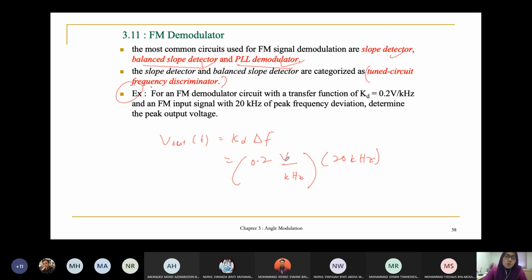So 0.2 multiplied by 20, you will get 4 volts, because you can cancel the units. The answer is the peak output voltage equals 4 volts.